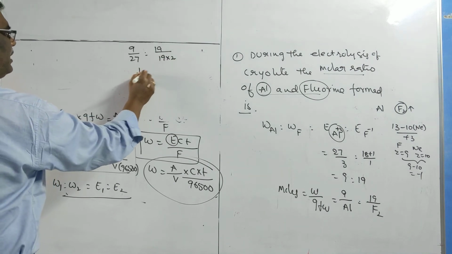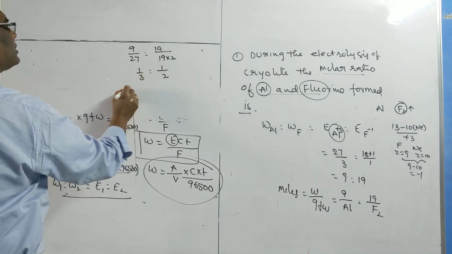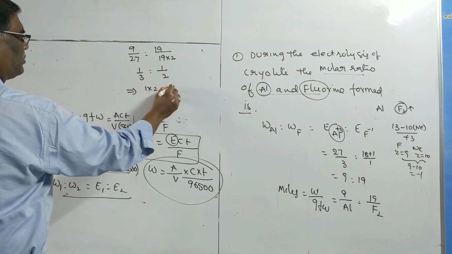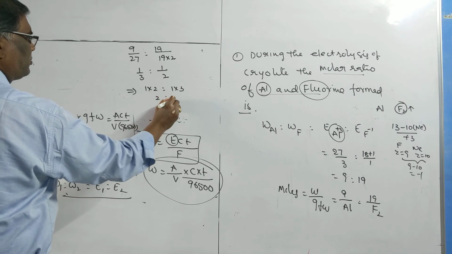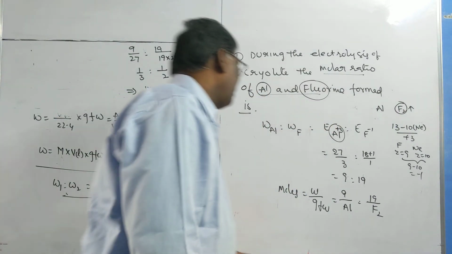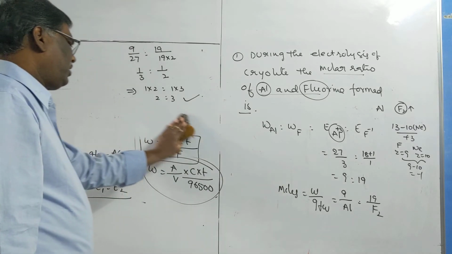So 1 by 3 is to 1 by 2. On cross multiplication we get 1 into 2 is to 1 into 3. So the ratio is 2 is to 3. 2 is to 3 is the molar ratio of aluminum and fluorine formed.